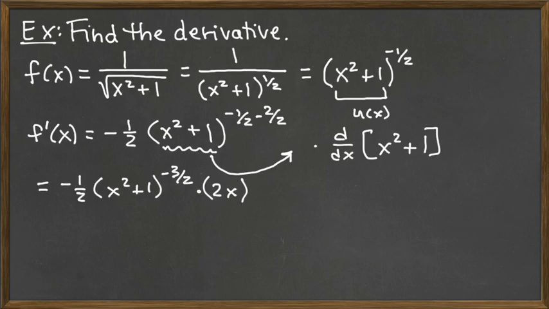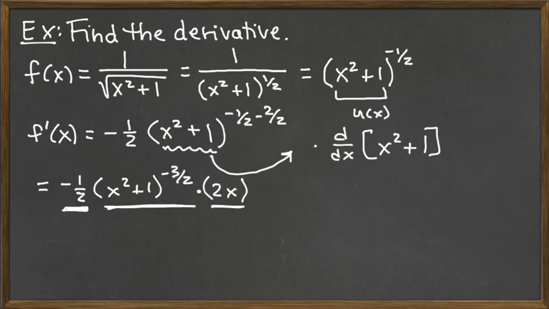So now we still can do a bit of cleaning up. As we are doing the arithmetic and the algebra, we notice we have negative 1/2 times this factor that has a power with it times the 2x. And all of these things are multiplied, so we can reorder them and regroup them in any way we want.